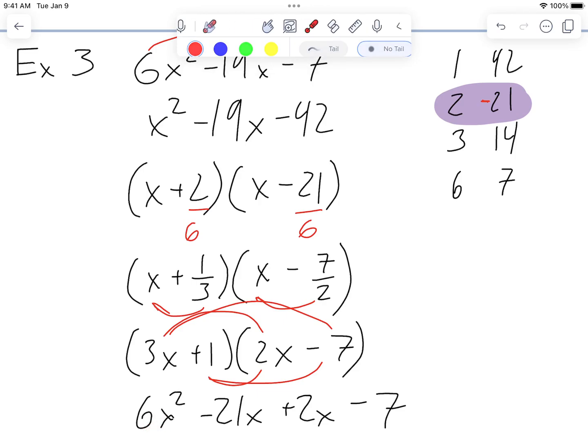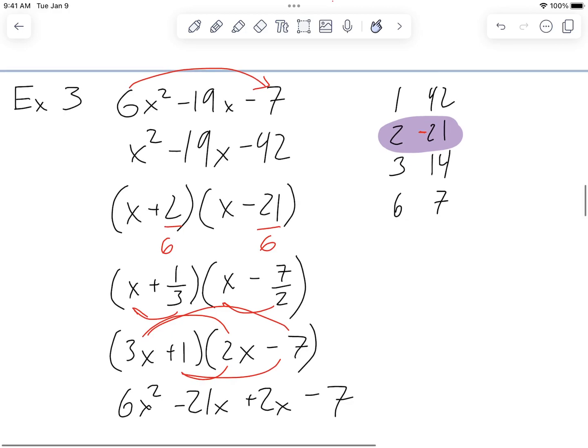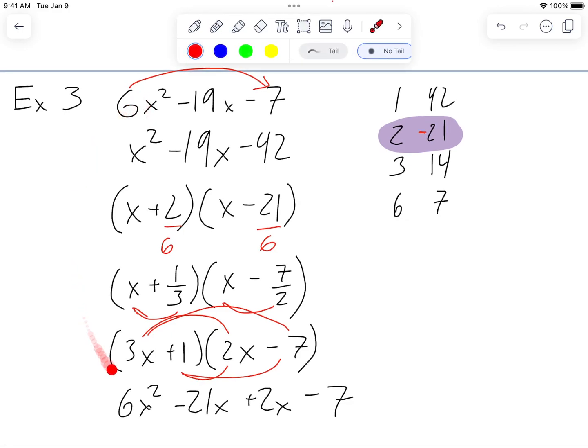That's good because that was part of the original. All right, that 6x squared matches this 6x squared. Then my like terms, negative 21 and 2, they add together and make that minus 19. And then I have the minus 7 that matches over there.